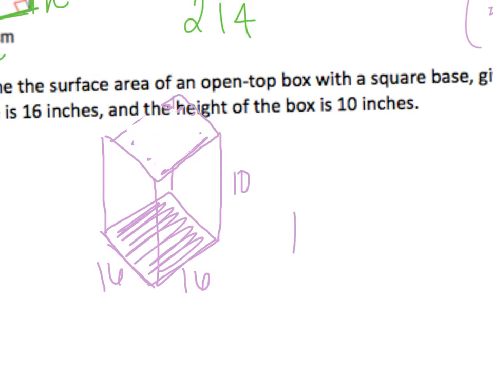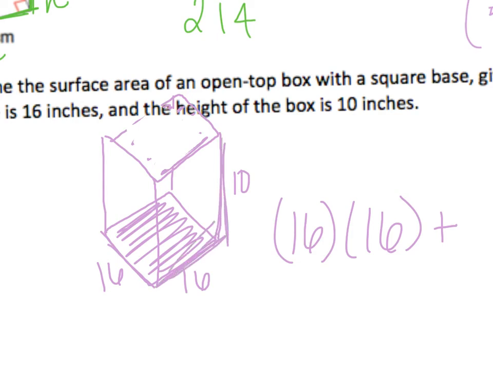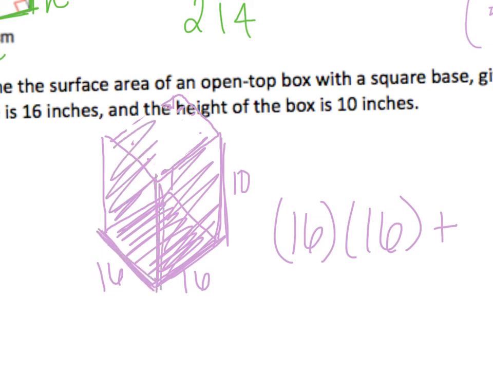So I'm going to take 16 times 16, and then to find the area of the sides, it's going to be 16 times 10 to get the front and back, and then it's also going to be 16 times 10 to get the two sides.